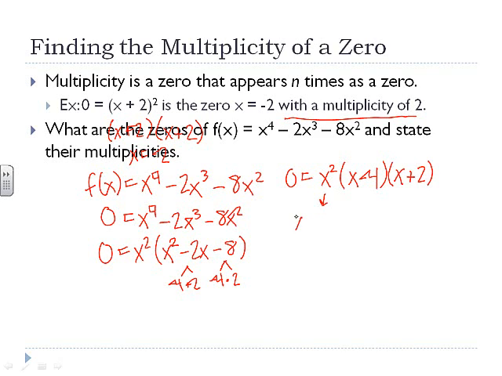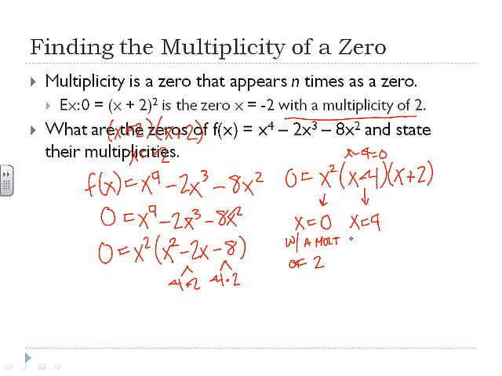The 0 for this becomes x equals 0. Because of the squared, we will say with a multiplicity of 2. This 0 becomes x equals 4. It's the same as if you set x minus 4 equal to 0 and solved.